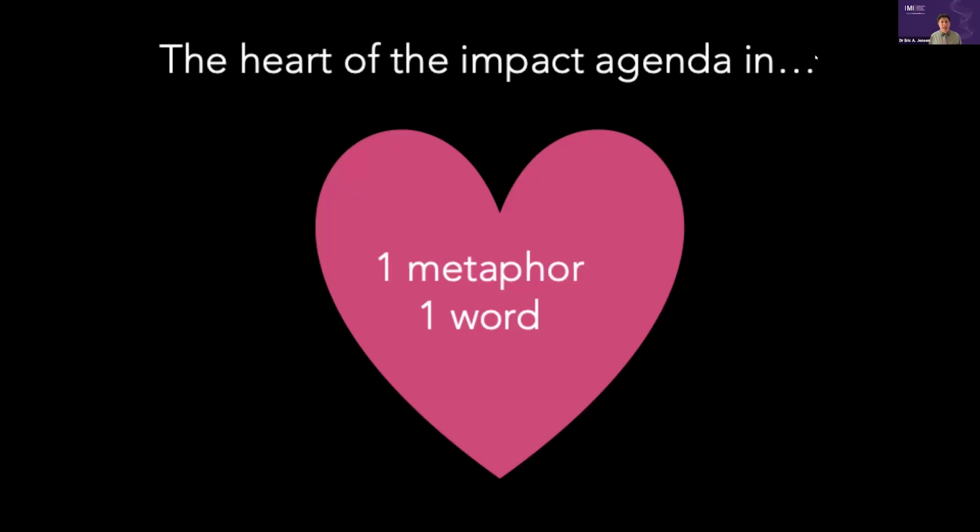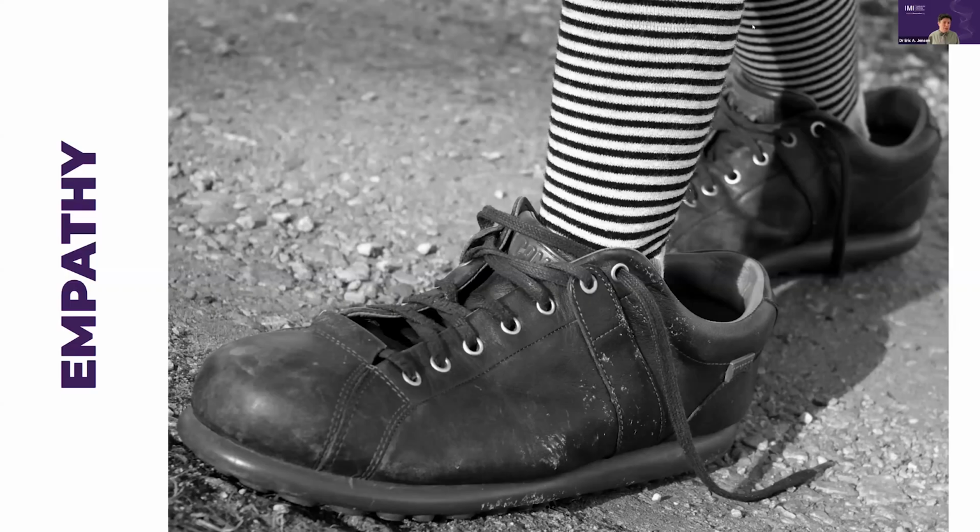And it also can help with what we in my organization believe is the core of developing impact, which is empathy. So putting yourself in the shoes of those that you're aiming to benefit or that you're aiming to work with to develop benefits for others.